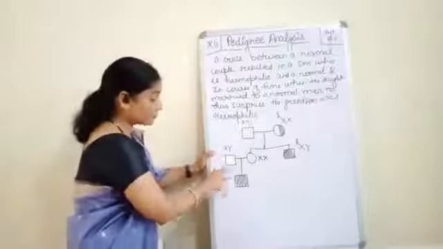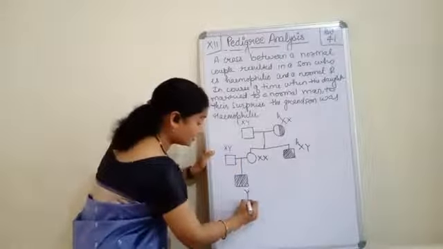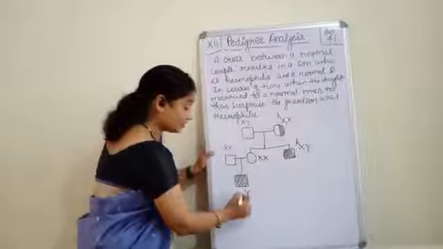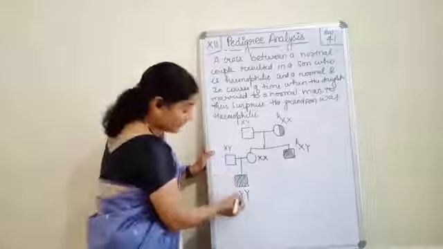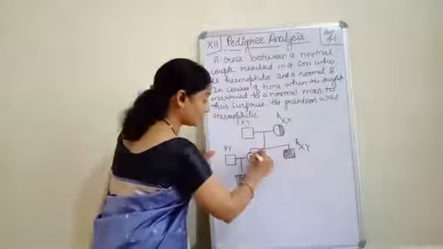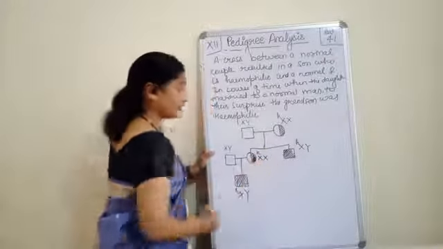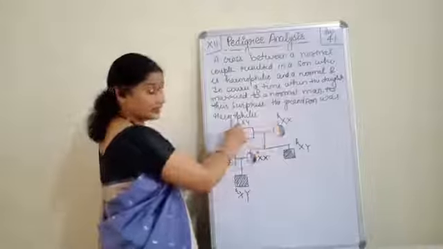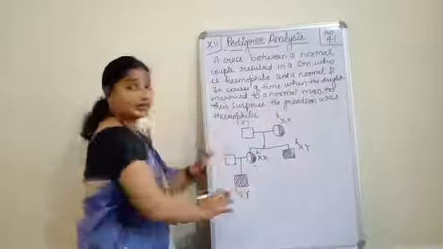It means what are their chromosomes? Y from the father's side and X from the mother's side. It means if it is the disease, then this X chromosome must have hemophilia. So we can say that the daughter is also a carrier. Like this chromosome and this X has come to make the daughter a carrier. So this is the pedigree chart.